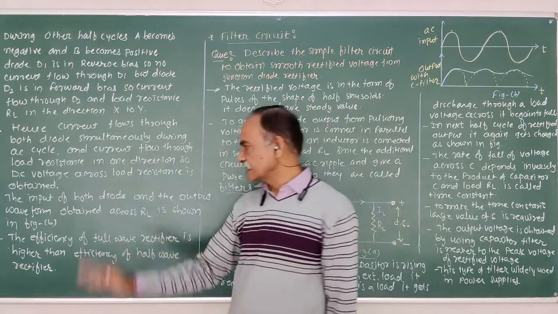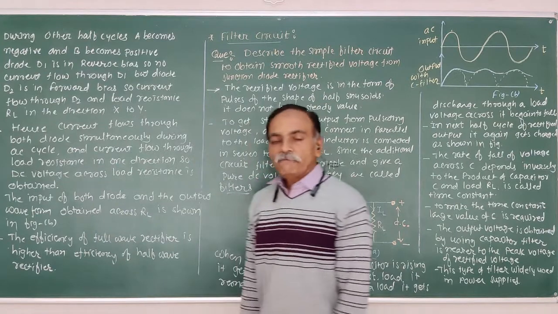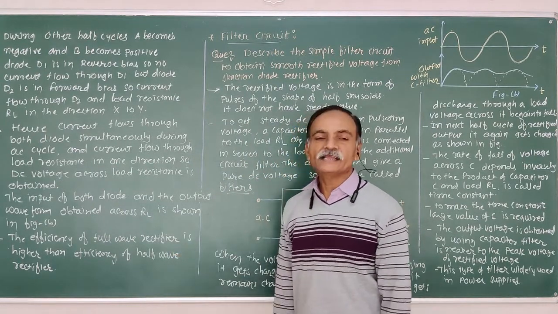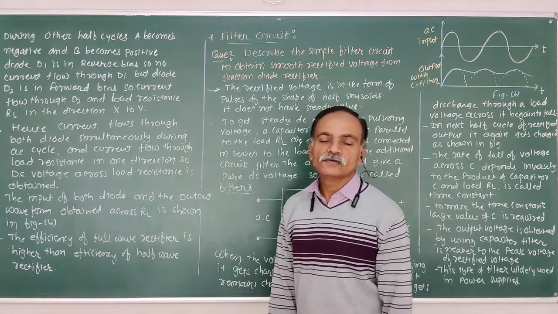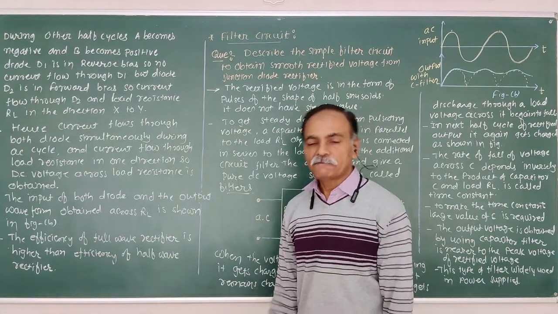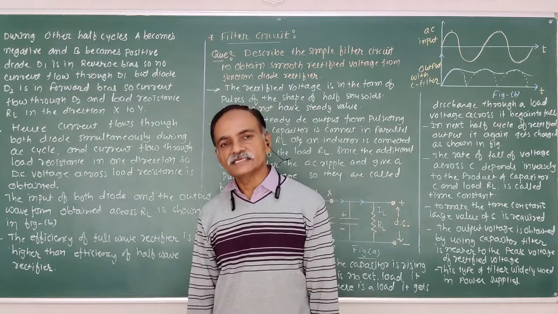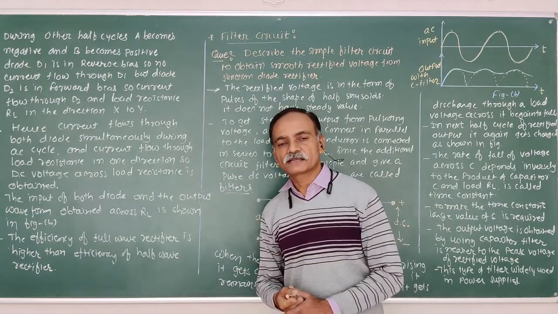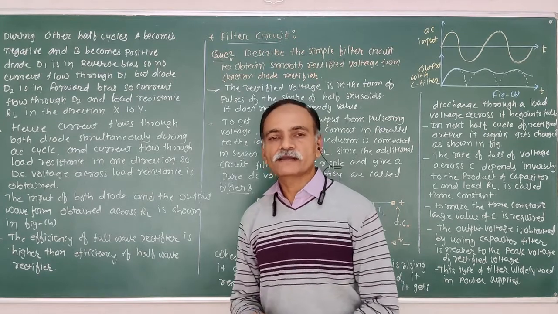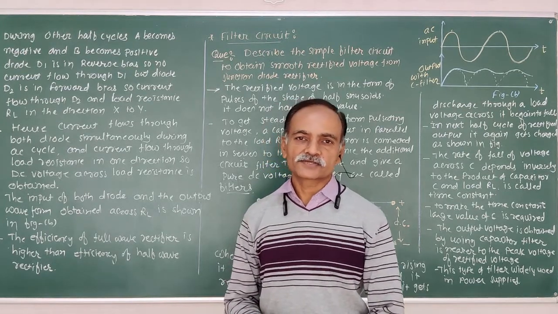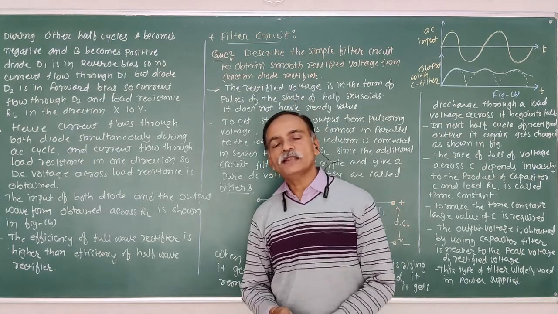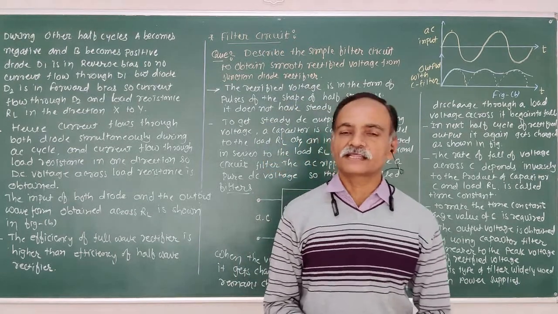Just we discussed it. The efficiency of the full wave rectifier is higher than the half wave rectifier. Therefore, full wave rectifier is widely used. Because in half wave rectification, only during the positive half cycle we obtain the output.